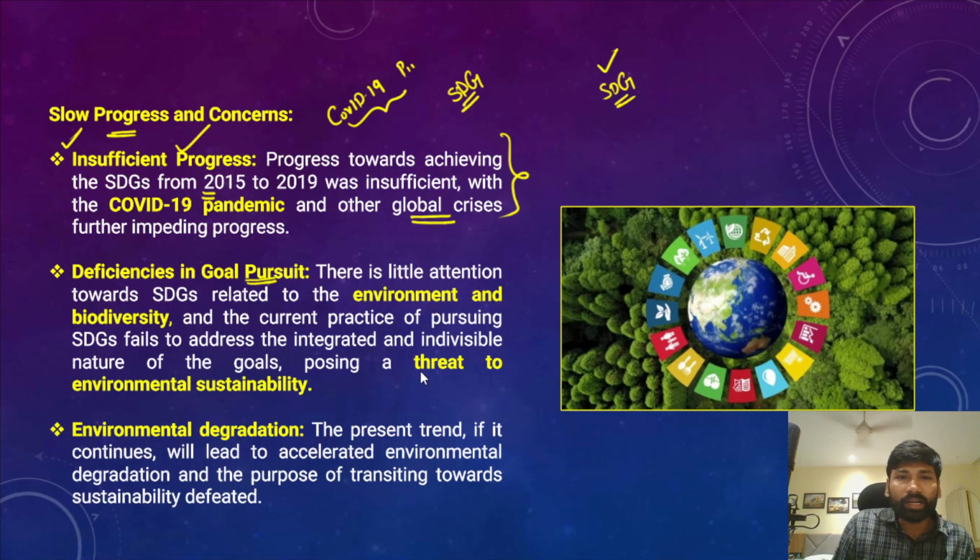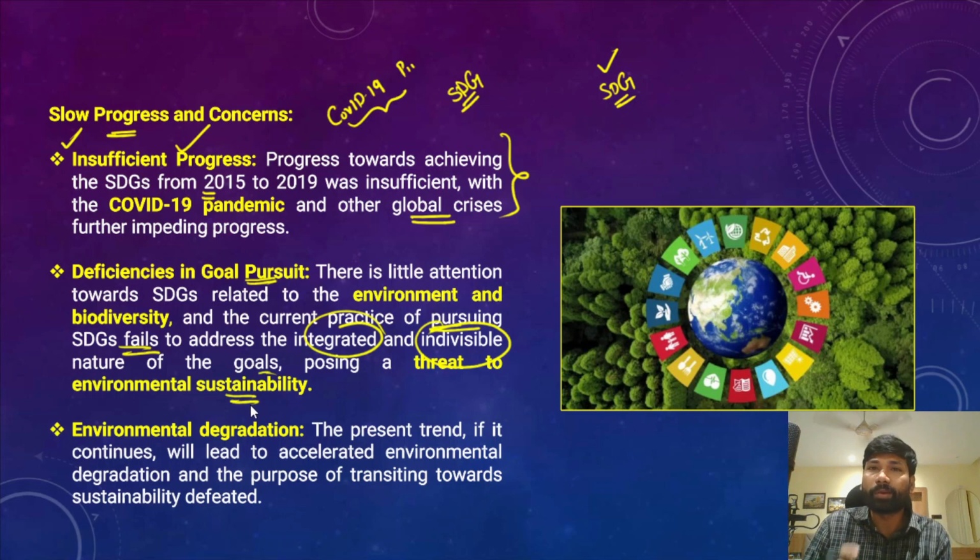Therefore, the current practice of pursuing SDGs has failed to address the integrated and indivisible nature of these goals, thereby posing challenges to environmental sustainability. Remember that without environmental sustainability, we cannot achieve these goals.